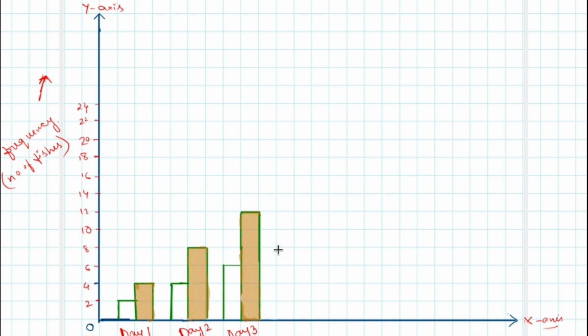Okay, now 8 and 16. So 8 is here. First we will make a box at 8, and 16 here.